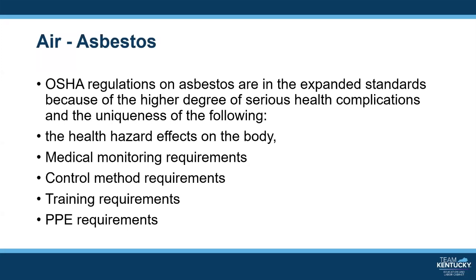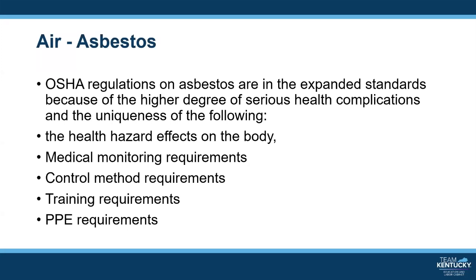It may require containment of asbestos material. It may require the use of respirators and will require a respiratory protection program. It may require protective clothing, full coverage clothing. It may require medical surveillance of these employees.